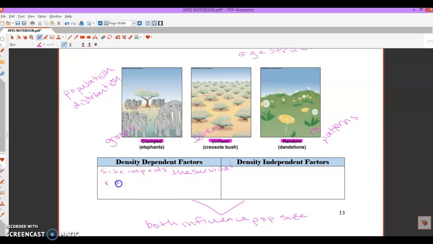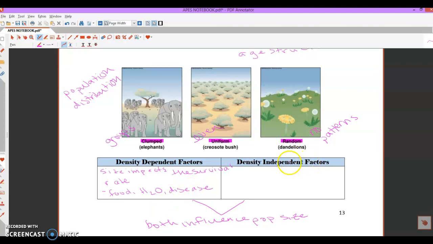Okay? So if you have a larger population, you have an increased chance of scarcity in food, water, and you have an increased chance in disease. Okay? So these are things that can impact your survival rate. If you don't have food, if you don't have water, if you have disease, you have a greater chance of dying. Okay?